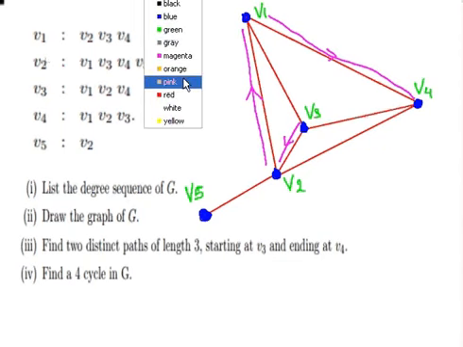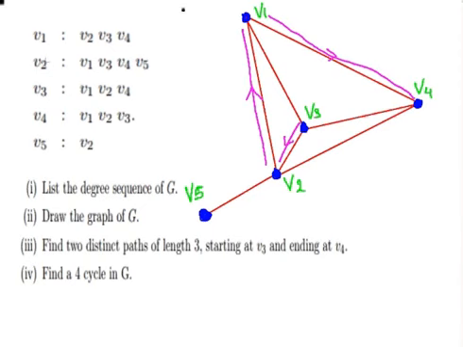And I'll use blue this time. Well, what I could do first off is go from V3 to V1, then go from V1 to V2, and then from V2 to V4. So that's another possible path of length 3.